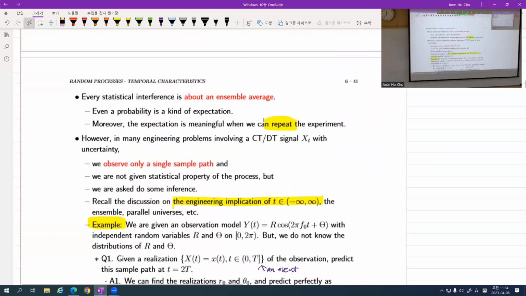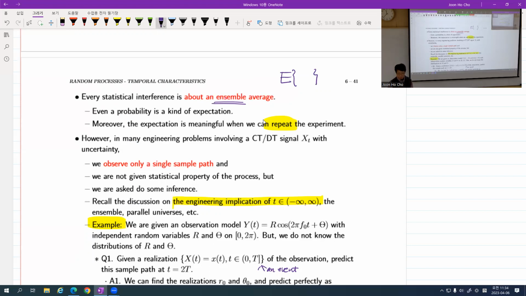The problem is that every statistical inference is actually about an ensemble average. What does that mean? Ensemble average means expectation of something. And you may wonder, wait a minute, why is the detection problem about an ensemble average? For example, I toss a biased coin with probability of tails 1/4 and heads 3/4, and you observe some random mapping of that and want to infer what was shown.